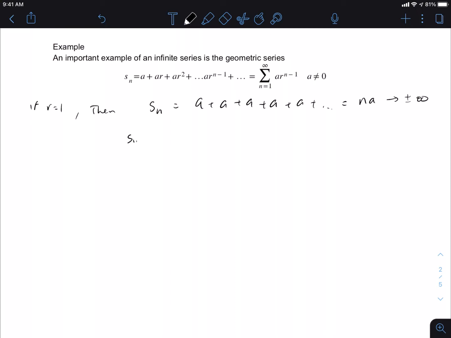So since the limit as n goes to infinity of S sub n does not exist, the geometric series here is going to be divergent, because it doesn't go to a specific number.